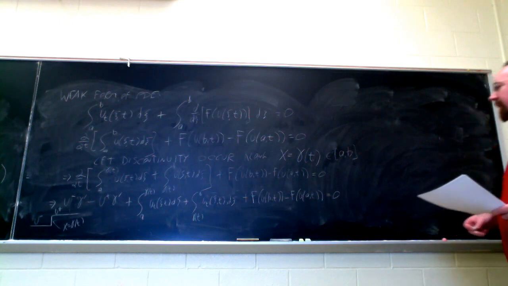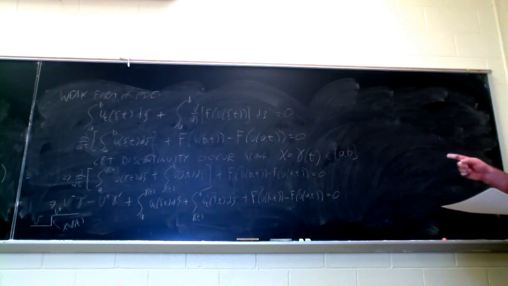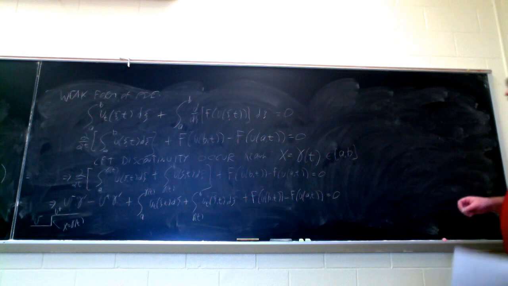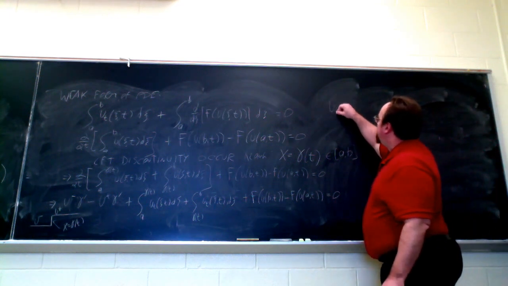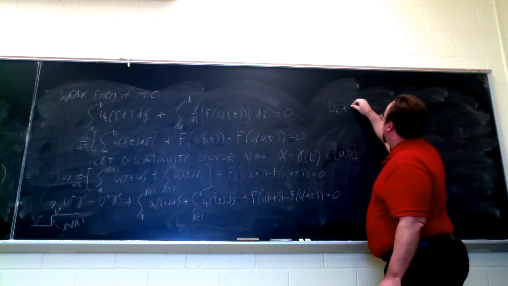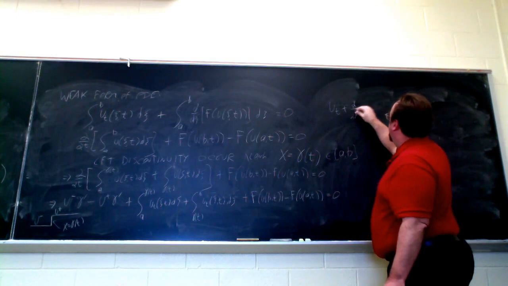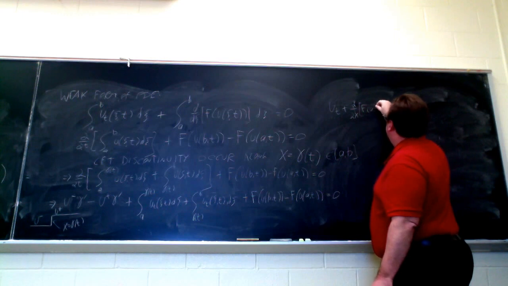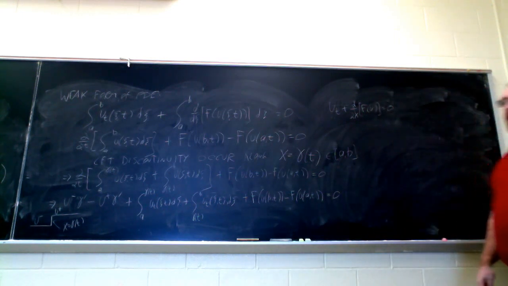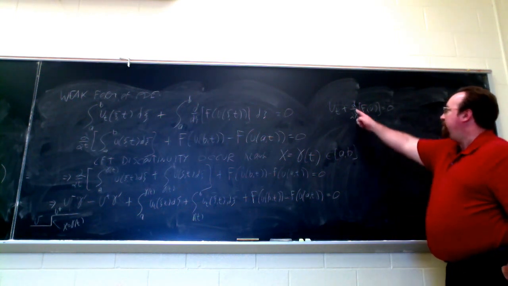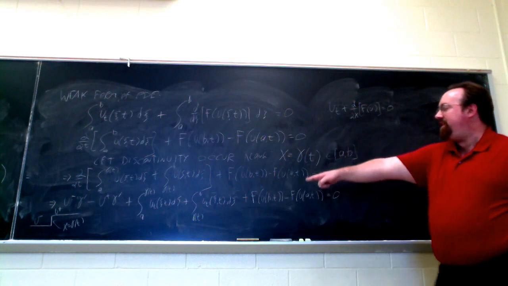Now, if we go back to the PDE itself, the PDE is du dt plus d/dx of f of u equals 0. But that means I can replace u_t in here.